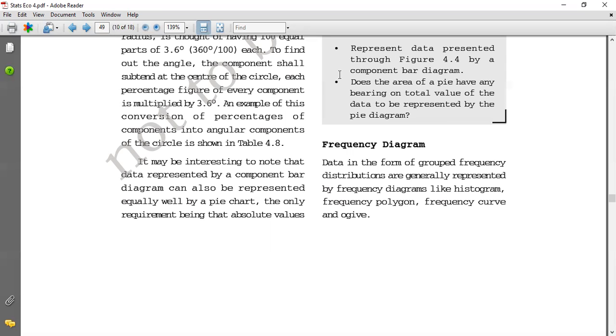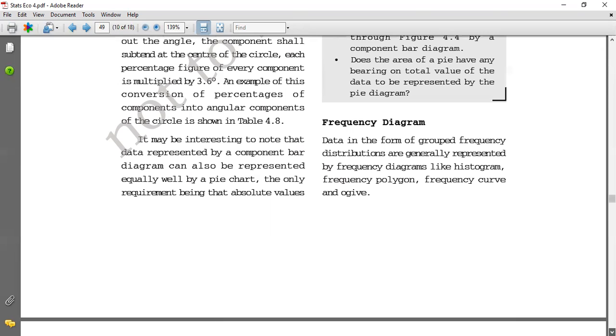First of all, we will discuss the frequency diagram. Frequency data in the form of a grouped frequency distribution is generally represented by frequency diagrams like the histogram, frequency polygon, frequency curve and ogive.